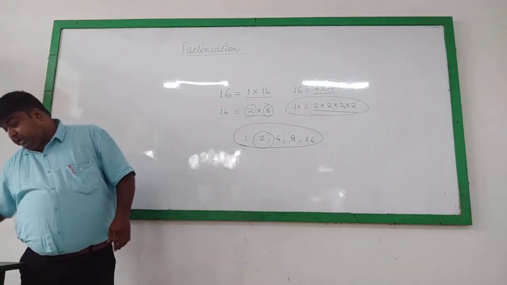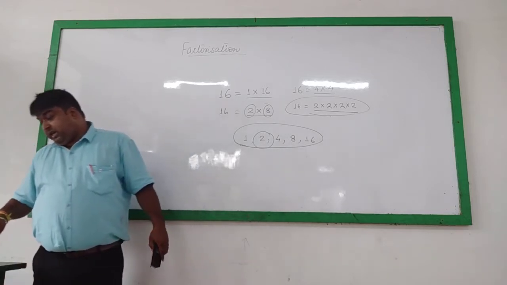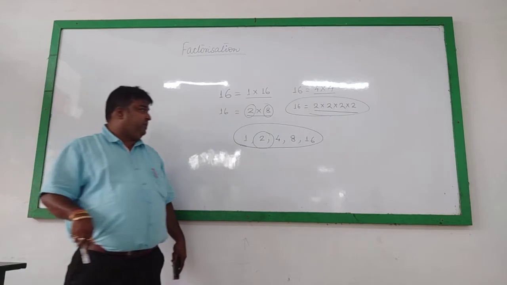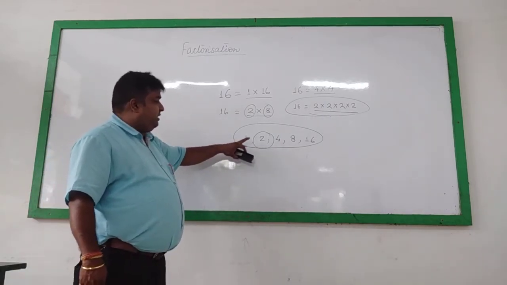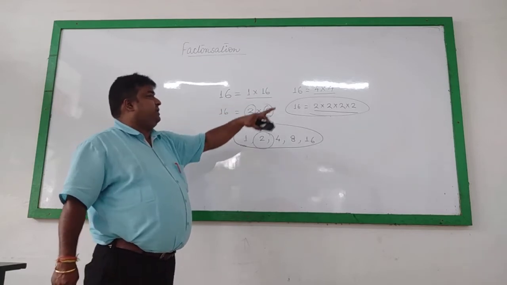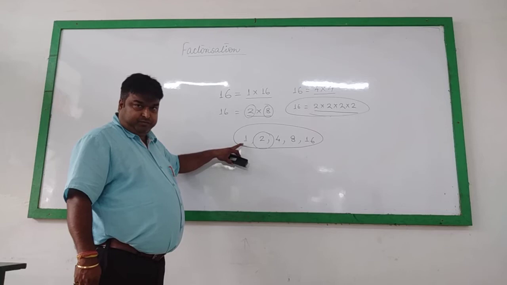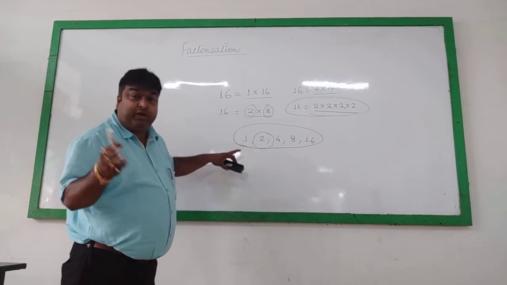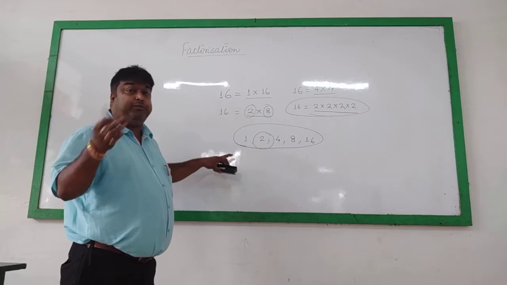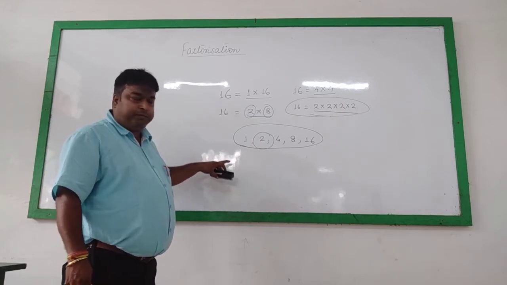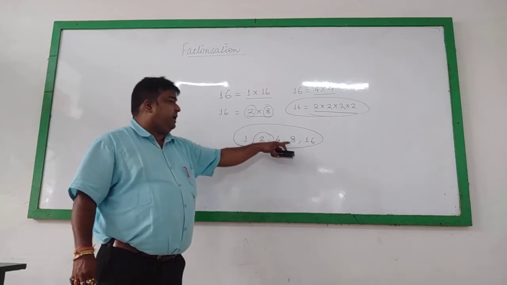Now, coming to the next topic, factors of algebraic expression. After watching this factorization form, we got the factors. And the factorization form is nothing but the product form of the factors of the number. Like here, factors of 16 are 1, 2, 4, 8, and 16.